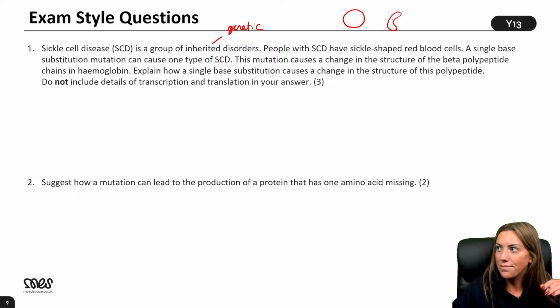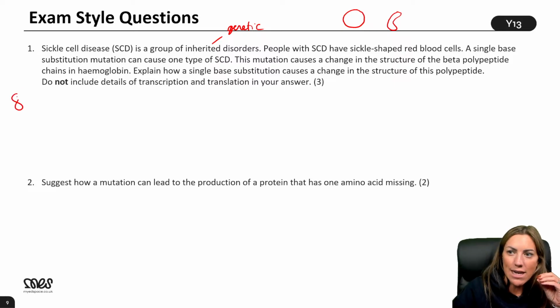A single base substitution can cause this. This is true, by the way. We've not just made this up. So sickle cell anemia is caused by just one base being substituted in the gene that codes for hemoglobin. This mutation causes a change in the structure of one of the polypeptide chains in hemoglobin.